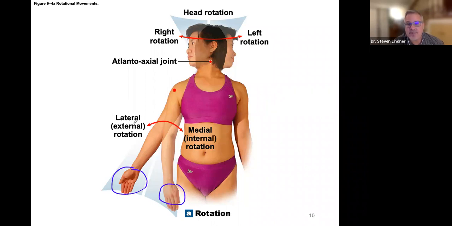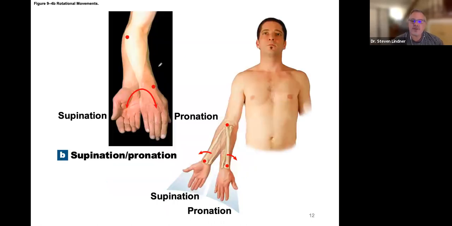So these are opposites: lateral rotation and medial rotation, or external rotation and internal rotation. And most of the cervical rotation takes place between C1 and C2 vertebra at the atlantoaxial joint.